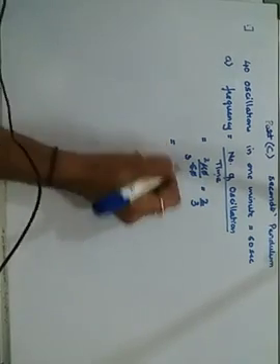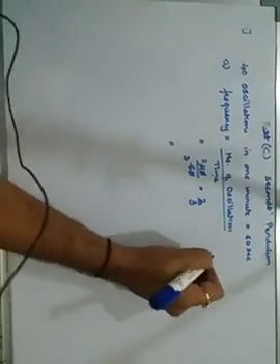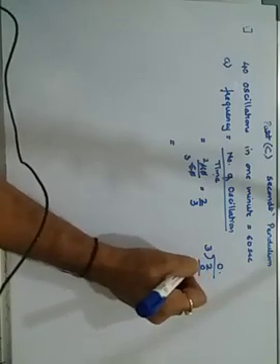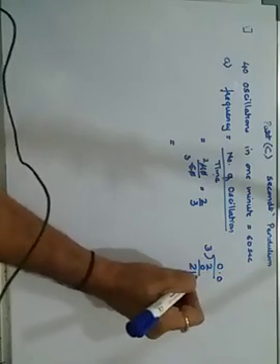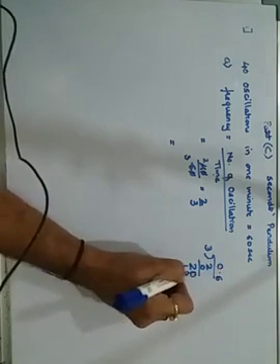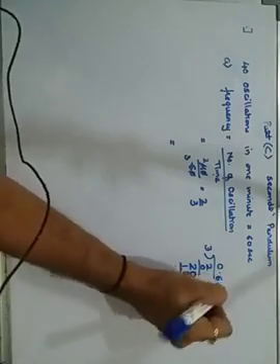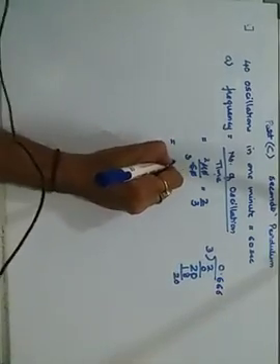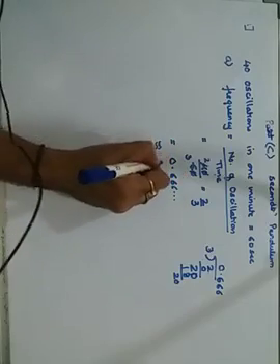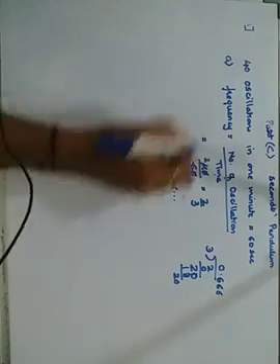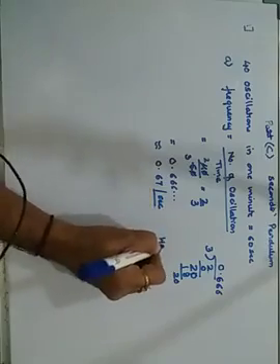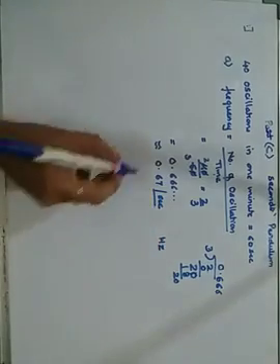When I divide 2 by 3, it continues as 0.666666 and so on, which is approximately 0.67. Frequency is per second, so the unit is per second or hertz, Hz. Okay, this is your frequency.